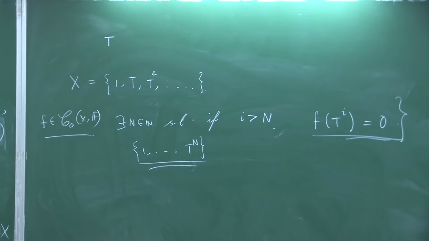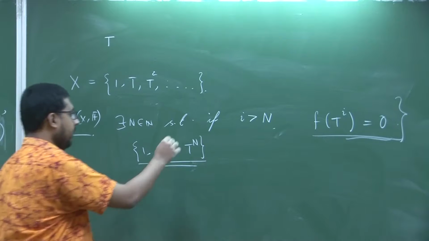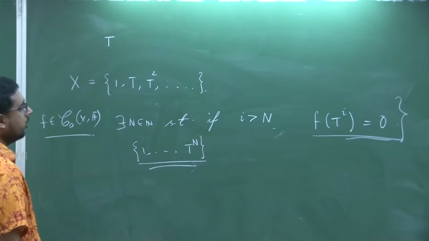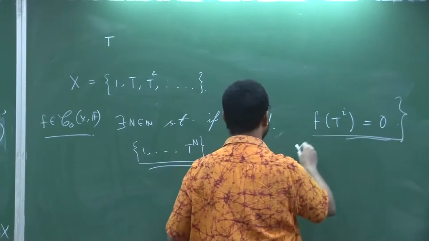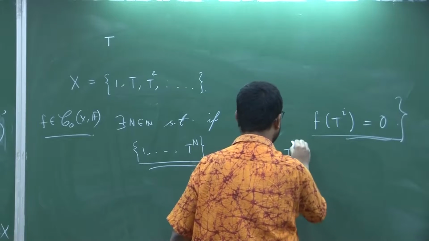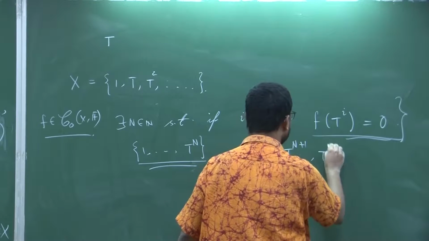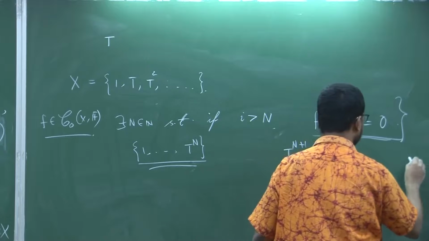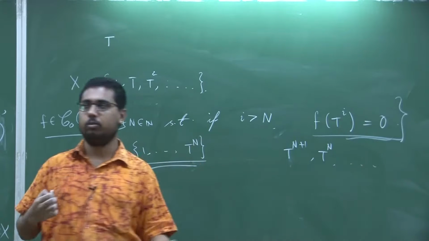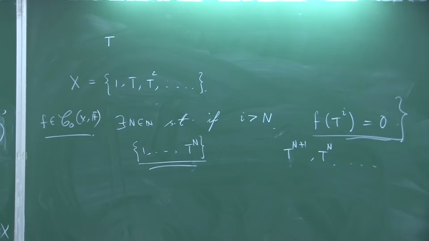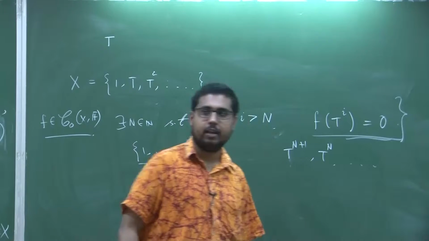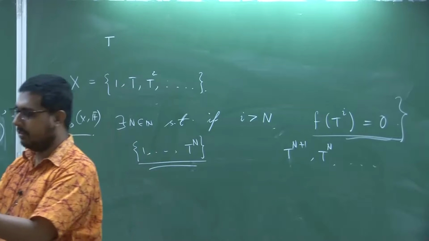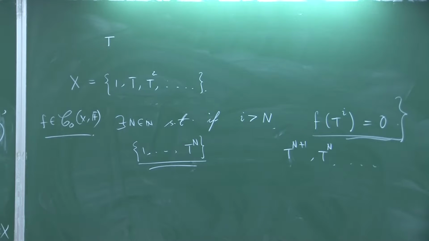And this is now actually very interesting. Why so? Because for any given f we know that its values starting at the point t to the power n plus 1, and beyond, will all be 0. So in order to know f, you just have to know the values of the function till t to the power n.